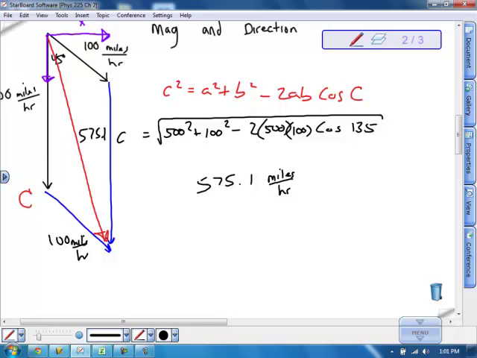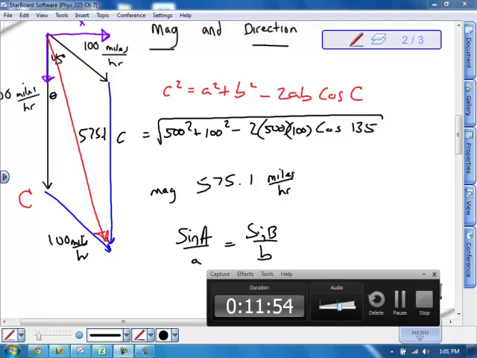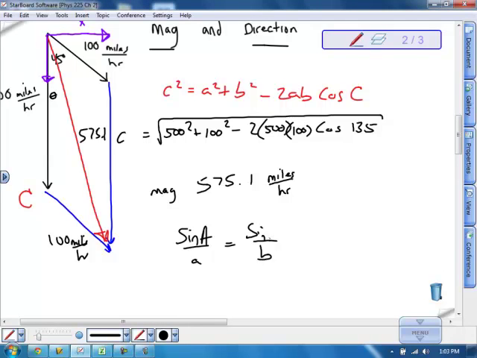Now we want to find the magnitude and direction. So we found the magnitude. The vectors have a direction as well, so we need to find this new angle right here that it's moved over because of this other force, this other wind, or whatever it is, pushing this object. So let's do the law of sines, I guess, because the law of sines works pretty well for all this. Sine of A over A equals sine of B over B. And it doesn't matter what variables you use.